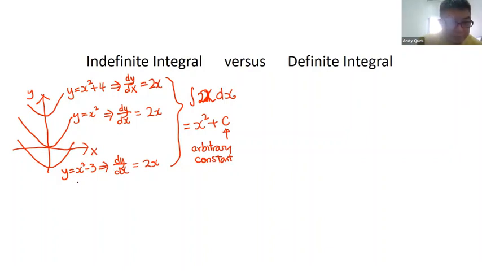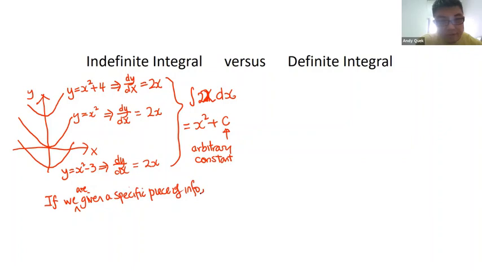So if a specific piece of info is given, it can help us find this arbitrary constant c.